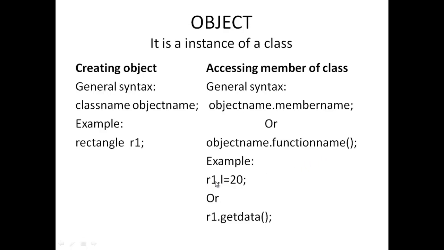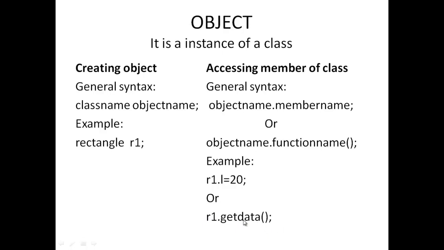Here you see r1 dot l assignment operator 20, which means 20 is assigned to the first object's first data member. Either we directly put some values, or we put values through functions. The same procedure happens with r1 dot get data, the name of the function.